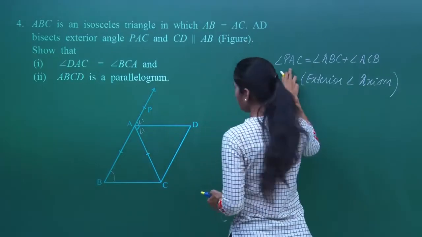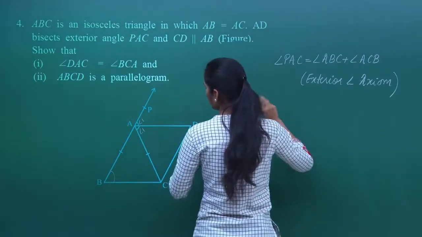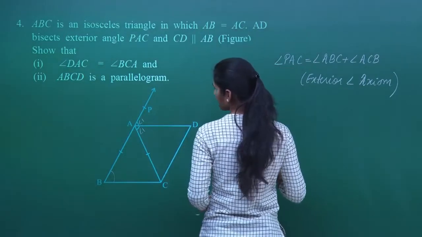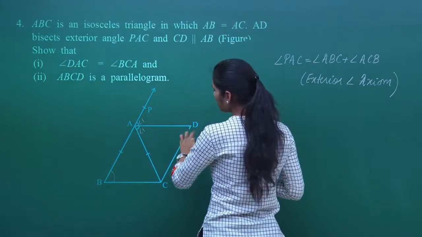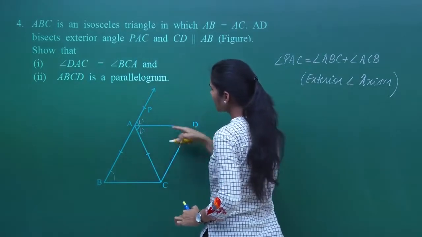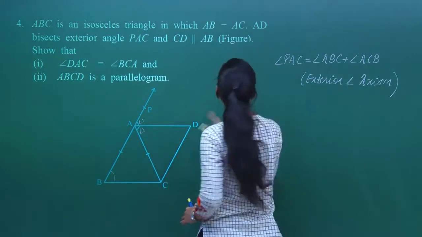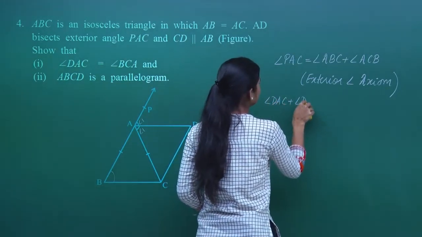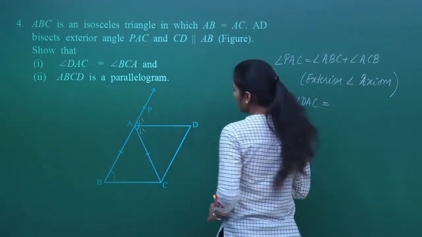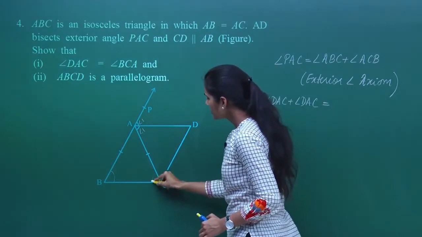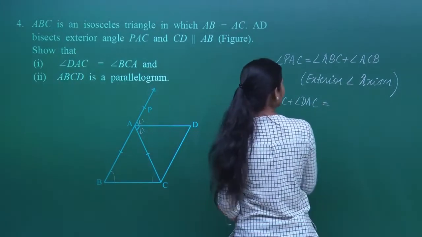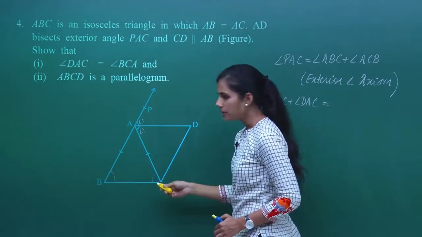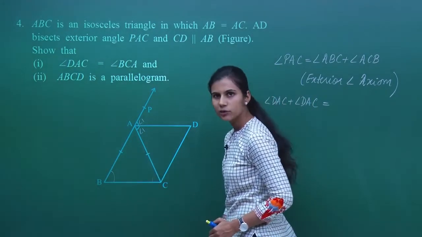So I have angle PAC will be written as angle PAD plus angle DAC, right? Angle PAD plus angle DAC, but angle PAD is same as angle DAC. So I will write PAC as angle DAC plus angle DAC. And if I talk about these two angles, angle ABC plus angle ACB, these two are equal because angles opposite to equal sides are equal.